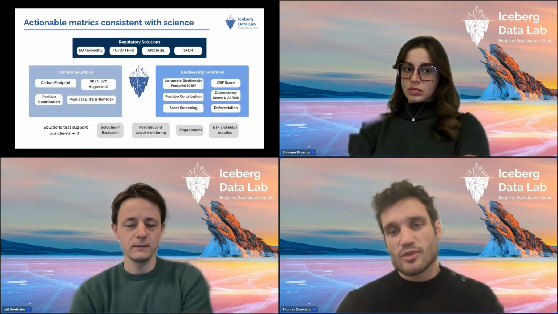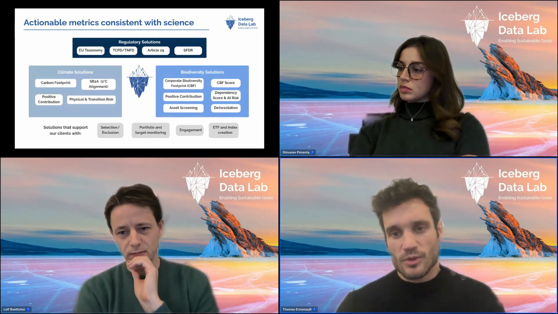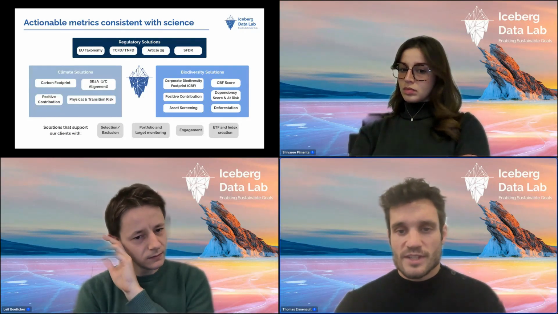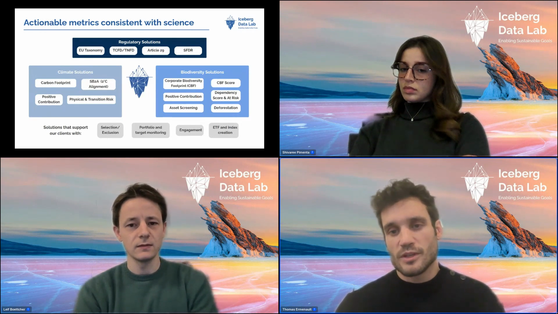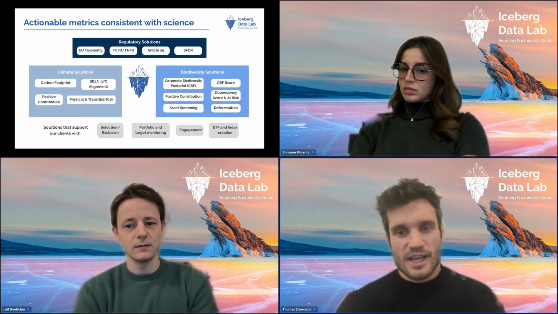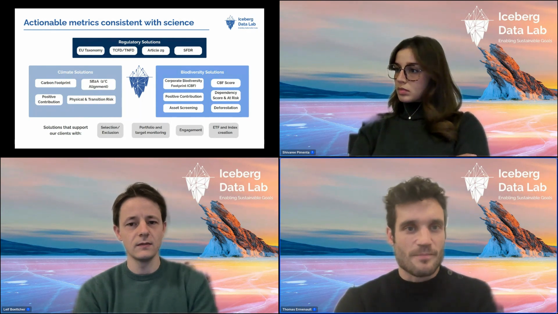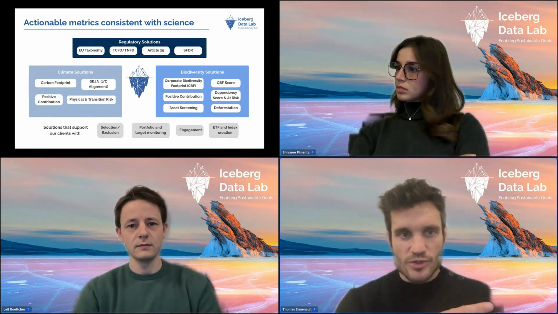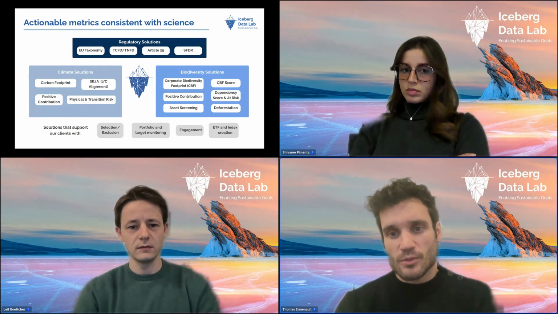We have a strong scientific committee that looks after all our methodologies and new products, such as the one you will see today. Within this scientific committee sit the WWF, the National History Museum from Paris, and other scientific bodies that have credibility in sustainable finance. Our product, I won't go into details, but we have climate solutions such as carbon, GHG, and temperature alignment with the Paris Agreement.